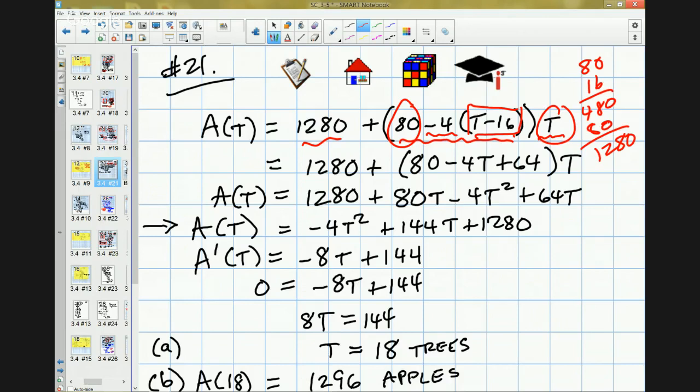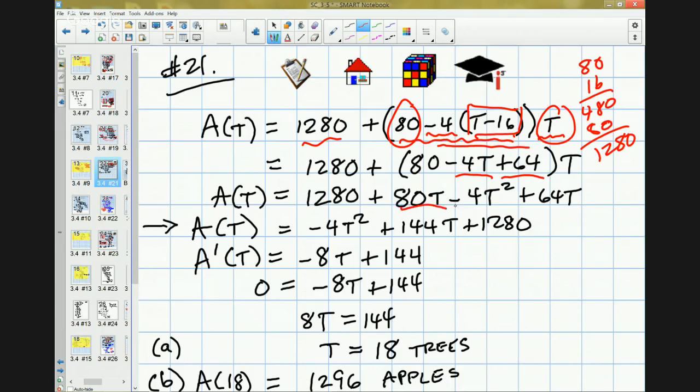So in the second line, I started multiplying out this distributive property right here. Negative 4 times t is negative 4t. Negative 4 times negative 16 is plus 64. And then I could combine the 80 and the 64. I take that back. I decided that I went ahead and multiplied right away.